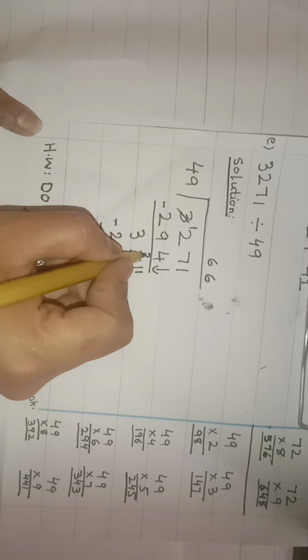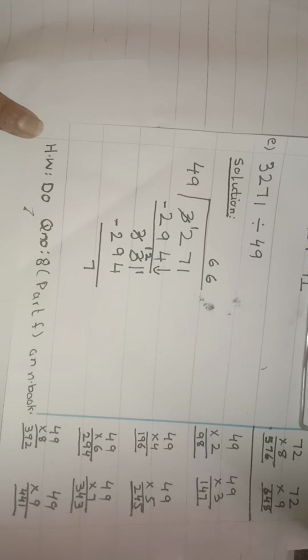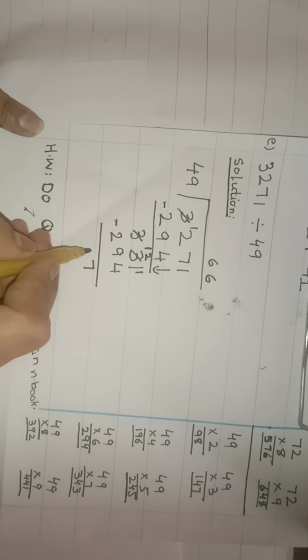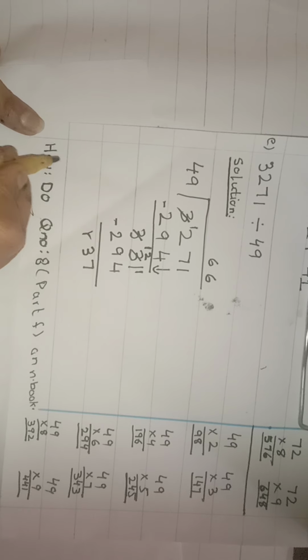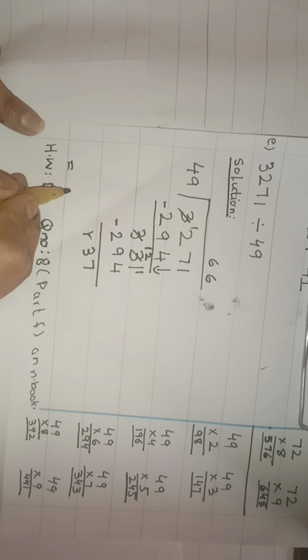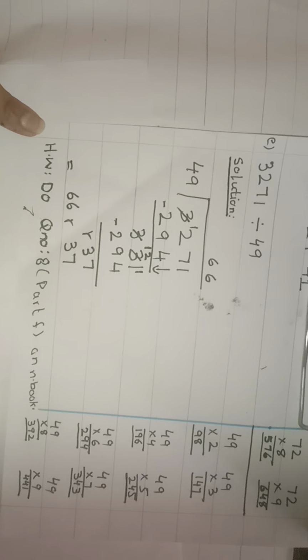Here we have remainder 2. We will take carry from this. Now 12 minus 9, 3. And 2 minus 2, nothing. So our answer will be 66, remainder 37.